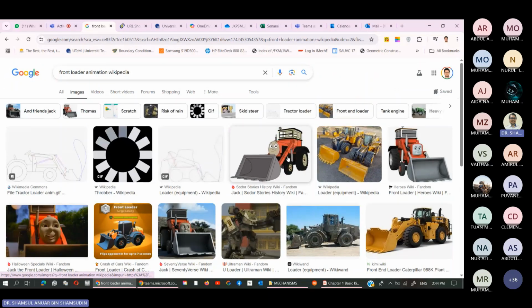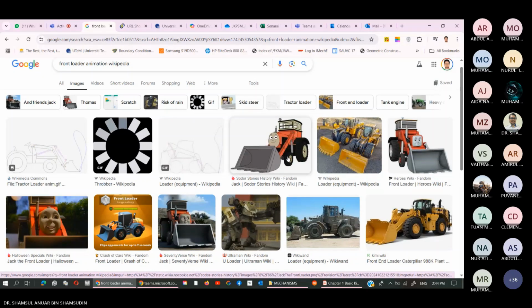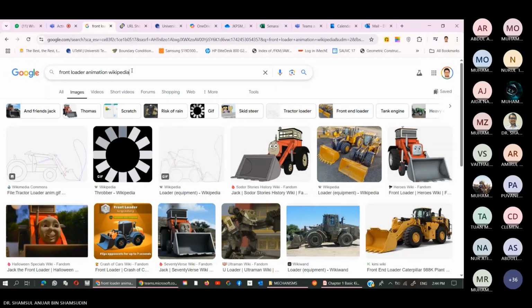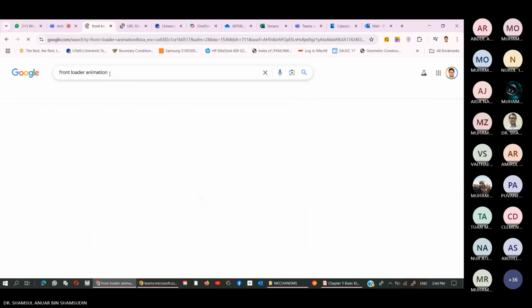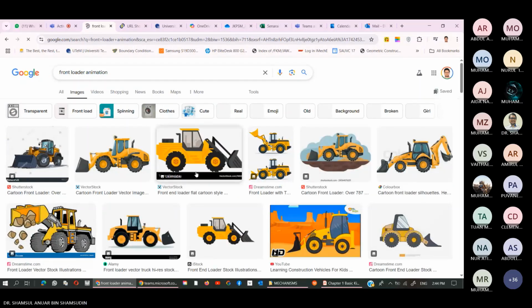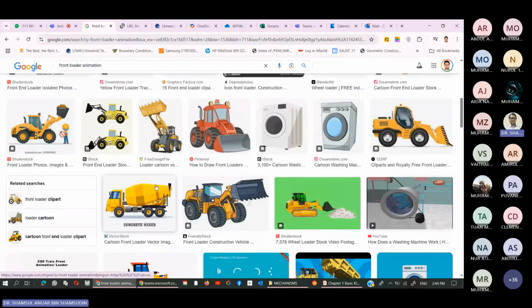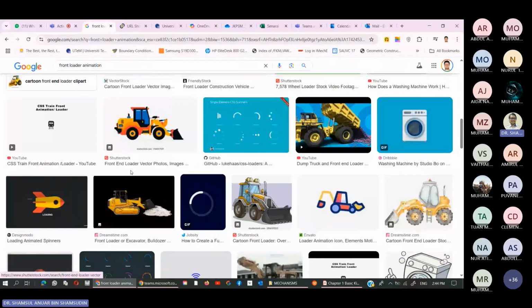We have Thomas front loader. Yeah, I guess you guys know how it moves, right?